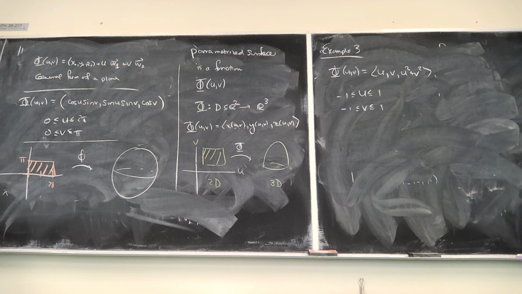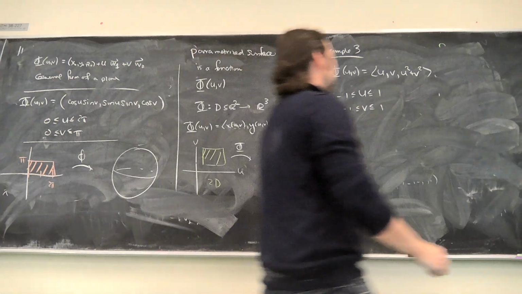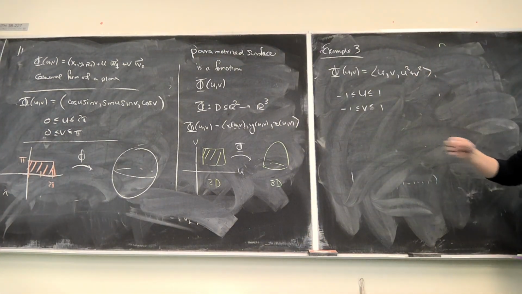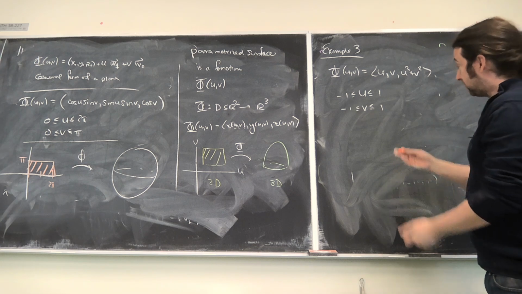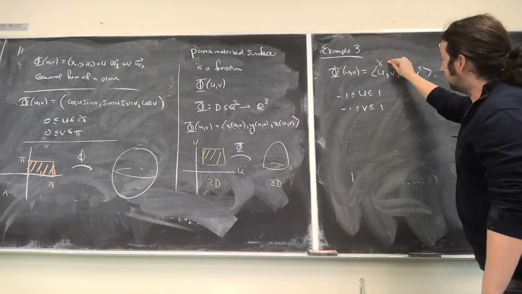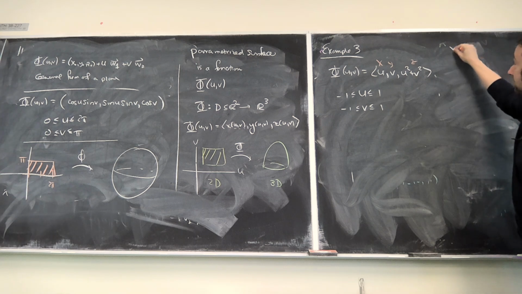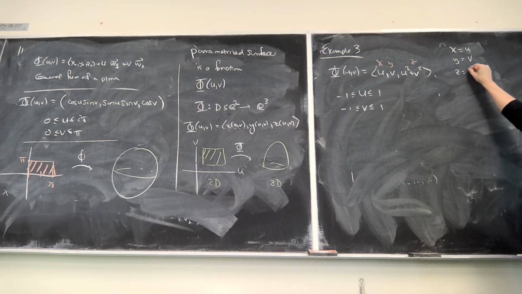Any other opinions? So if you were to eliminate the parameter on this one, remember eliminating the parameter works in 2 dimensions as well. If this is x and this is y and this is z, then this would say x is equal to u, y is equal to v, and z is equal to u squared plus v squared.